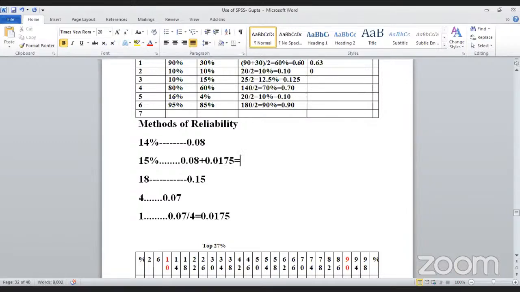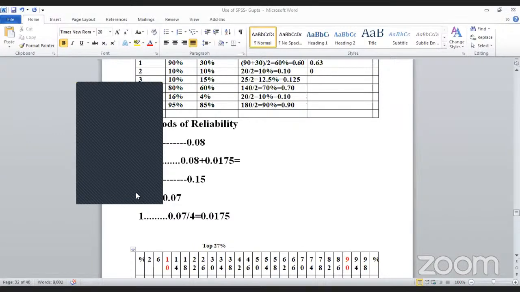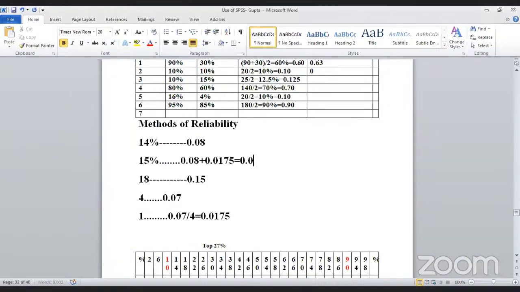If you add this, the value becomes 0.0975. So the value for 10 and 15 is 0.0975.